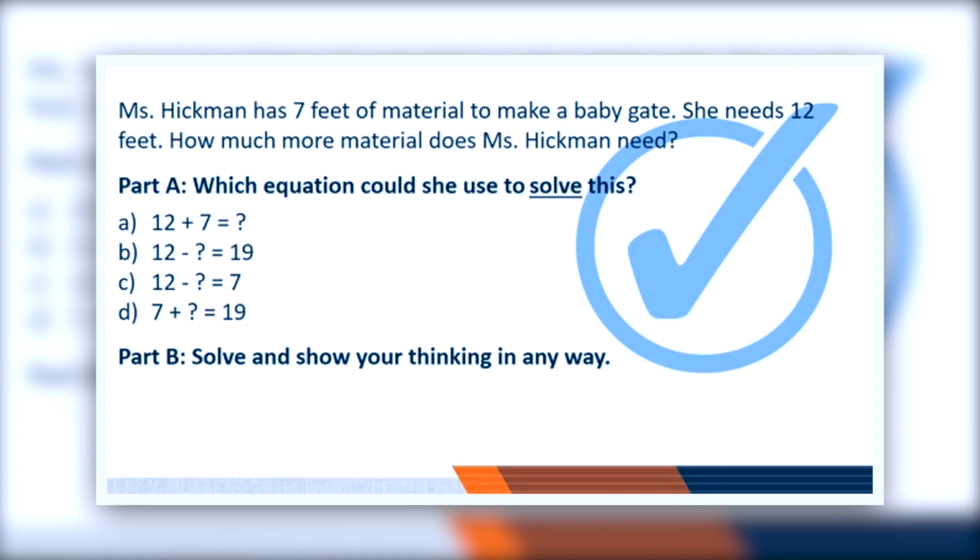So we are going to answer part A, and then we are going to answer part B. So let's focus on part A. Part A says, which equation could she use to solve this? Let's look at all of our answer choices before we make a final decision. A, 12 plus 7 equals something.